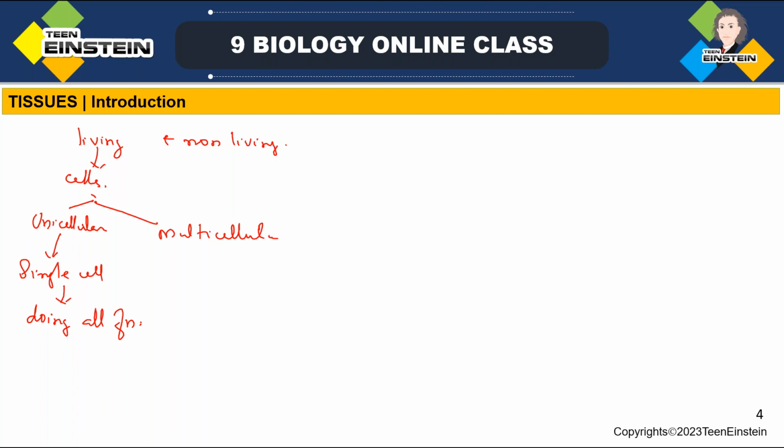So for example, amoeba we said. So what is amoeba doing? Amoeba is a single-celled, unicellular organism that moves from one place to another, right? So the movement is done by that single cell. Then next, what do we need to tell? The intake of food.